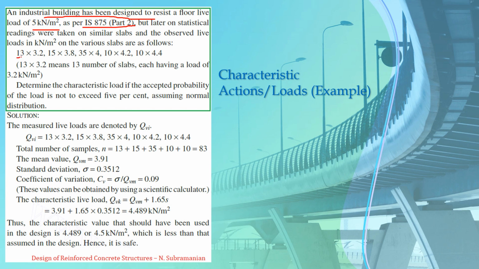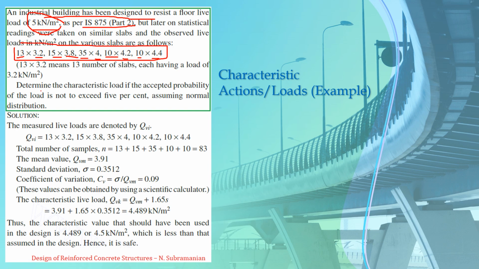For example, we had 13 slabs in which we found the load to be 3.2 kN per meter square, 15 slabs where the load was 3.8, 35 slabs with 4, 10 slabs with 4.2, and another 10 slabs with 4.4 kN per meter square. So we actually took the load to be 5 kN per meter square in our design, whereas when you checked for statistical data, you found these values.